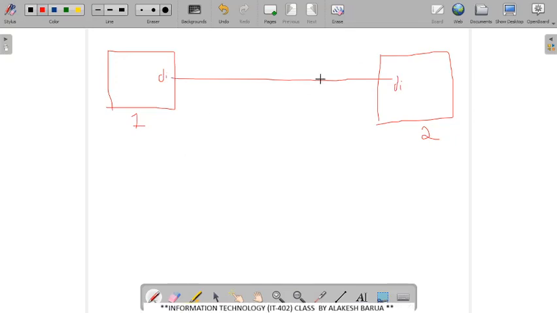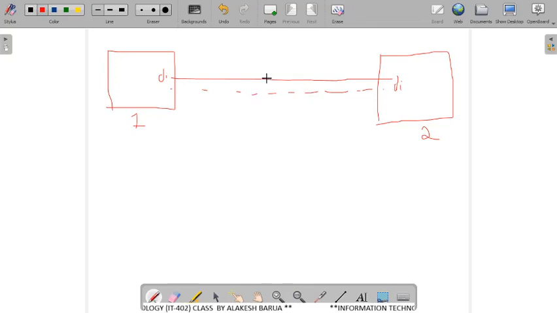Now the medium can be a wire, it can also be wireless. Okay, so if any two devices are connected using any medium so that they can exchange data and information over that medium, then the devices are said to be in a network. That is the definition of a network.